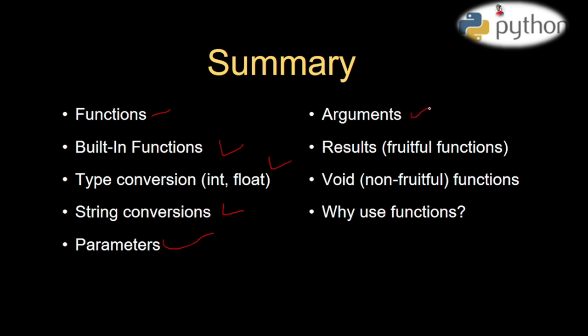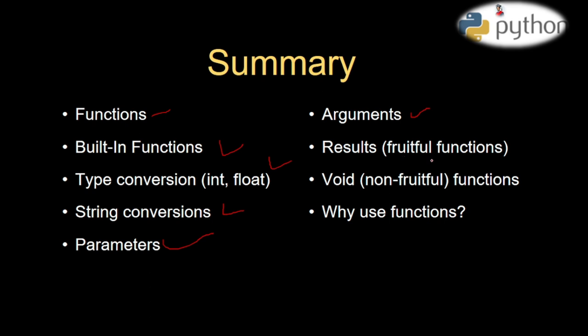Arguments are values that we pass when we call the function, based on the order and number of parameters defined in the function definition. We carefully follow the order and type of the parameters defined in the function definition and pass the values in the function call.